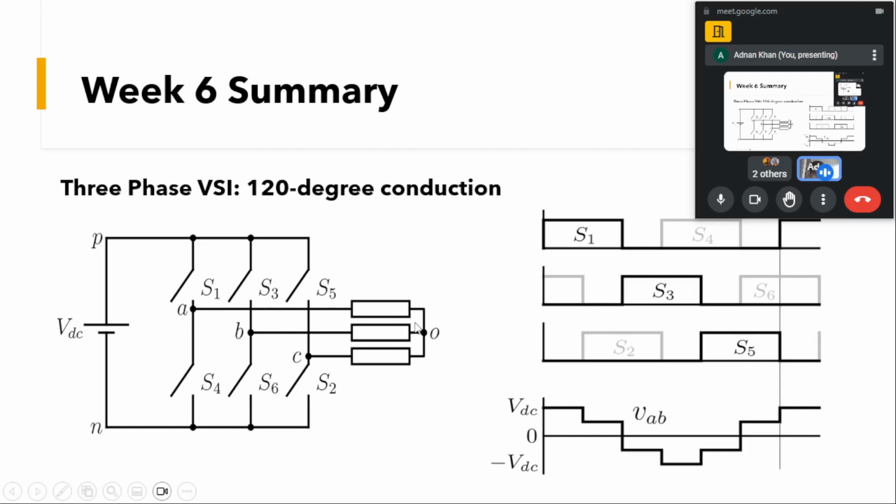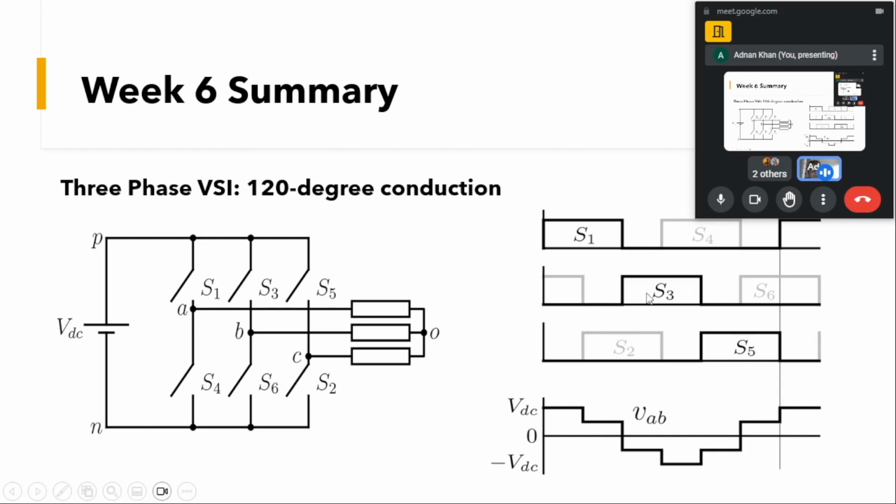Whatever the potential is here will be here. Because this is a balanced load, VAO will be equal to VOC will be equal to VDC by 2. So V at O point will be equal to B point, and we will be getting VAB equal to VDC by 2 in this interval.